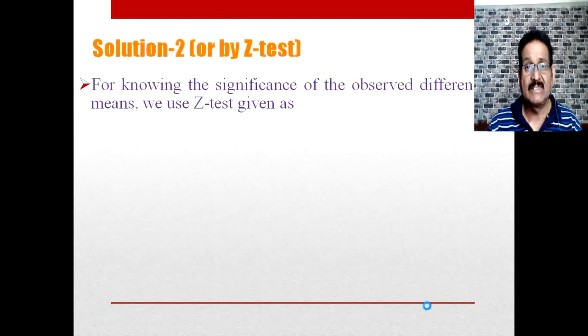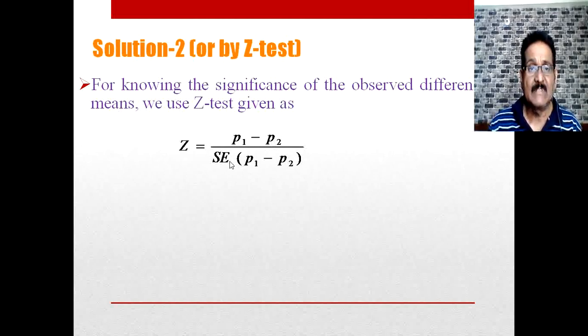The same we can identify using the Z test. To know the significance of the observed difference in proportion (instead of means we are using proportion, so correct it), we use the Z test as Z equals P1 minus P2 upon the standard error of P1 minus P2.